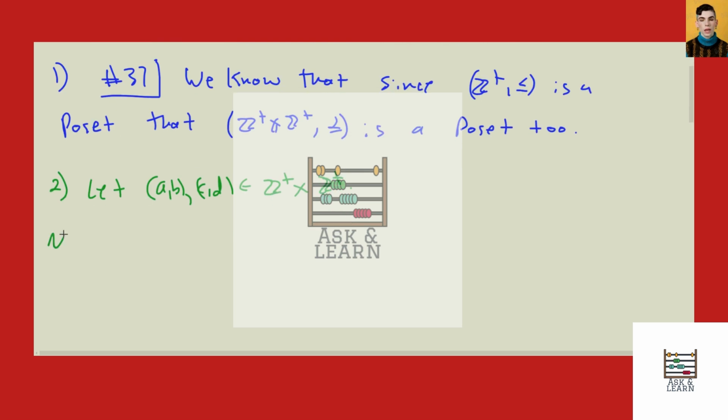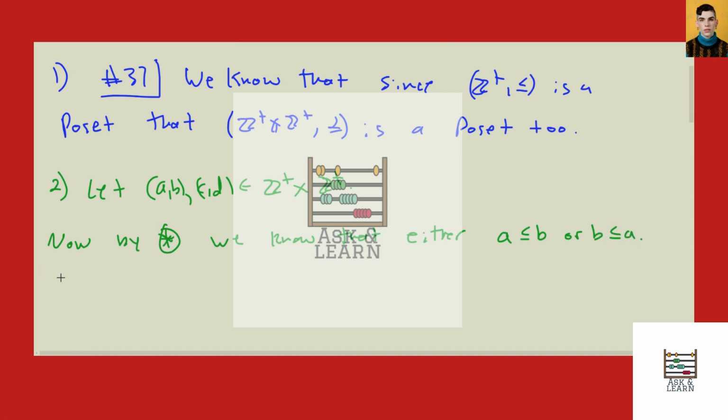Now, by star, we know that either A is less than or equal to B, or B is less than or equal to A.